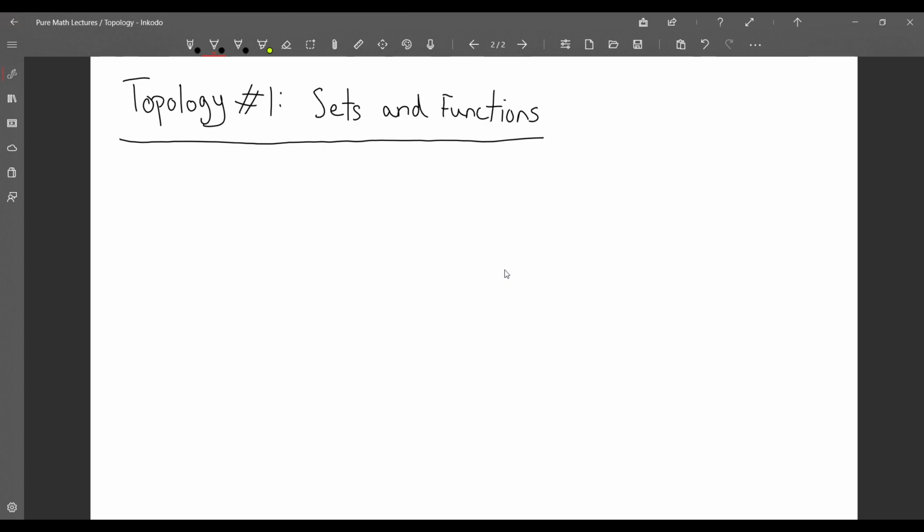So we're going to be content with just saying that a set is some collection of distinguishable elements.